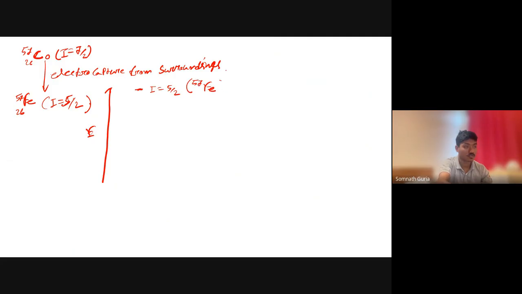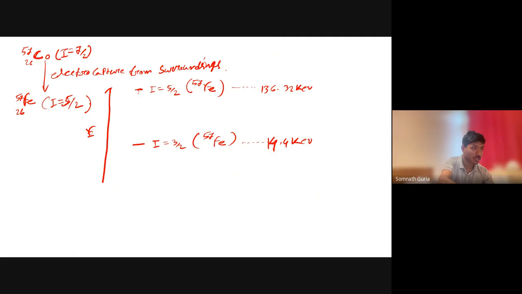This energy level is 136.32 kilo electron volt, and this gap is 14.4 kilo electron volt.